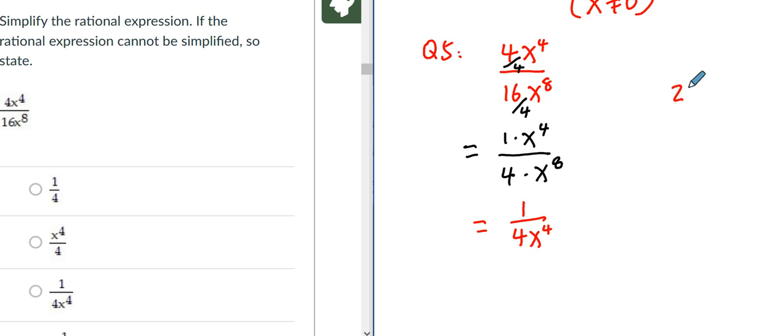Again, it's like what? 2 to the 4th over 2 to the 8th. There is a 1 upstairs, because 1 times 2 to the 4th is 2 to the 4th. Okay, so you then have a 1 times, upstairs there are 4 2's, downstairs there are 8.